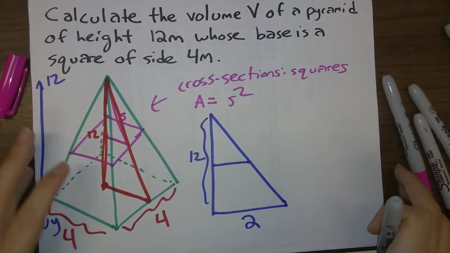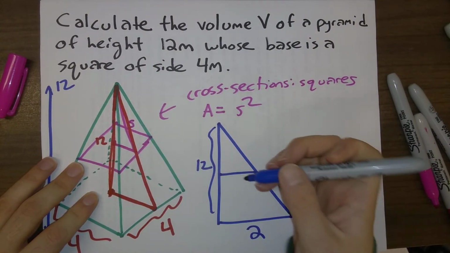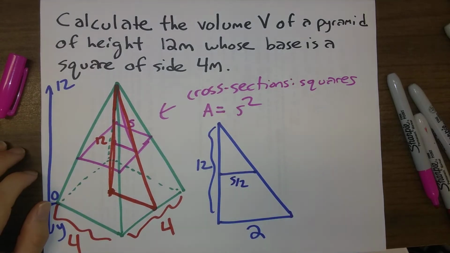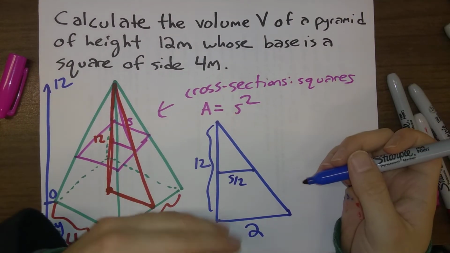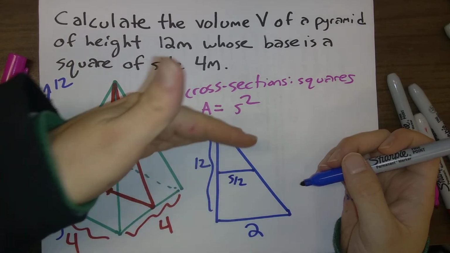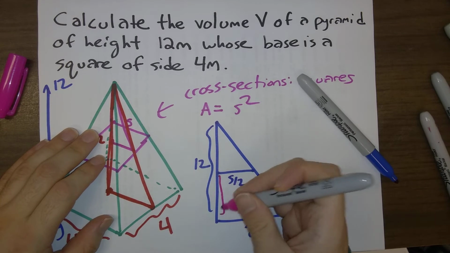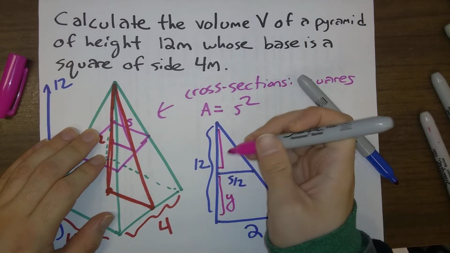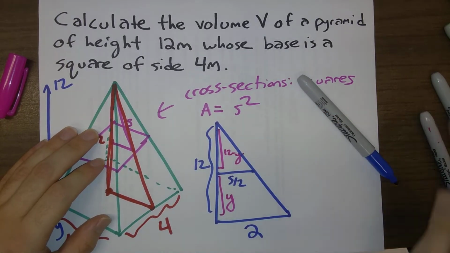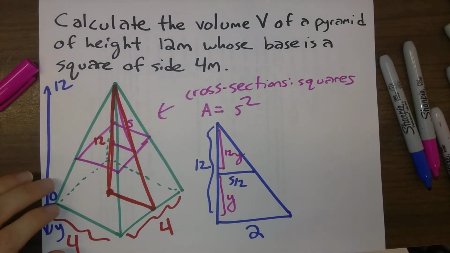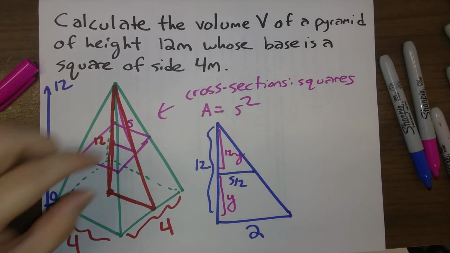This right here is half of a side length of a square, that's S over 2. And if we're thinking of y as running from here upwards, then if this is y, this right here is 12 minus y. And so we've got all the information we need to set up similar triangles.